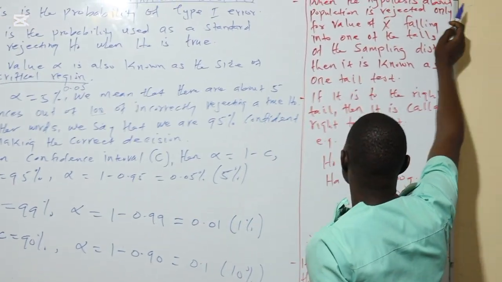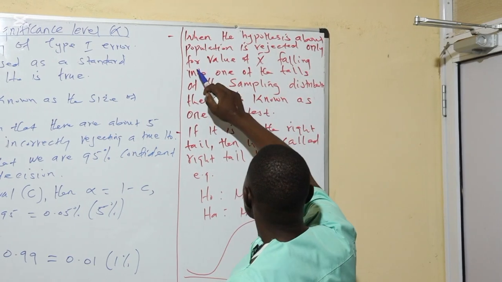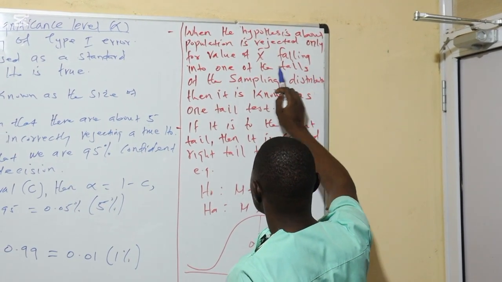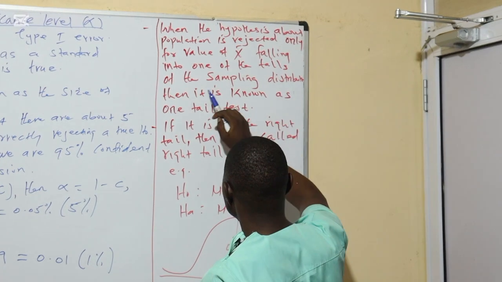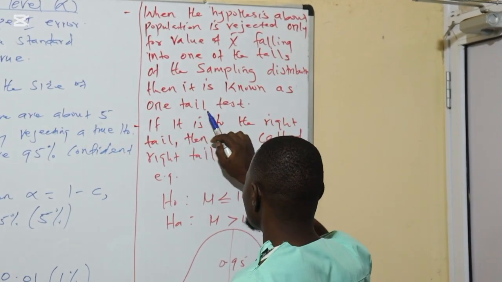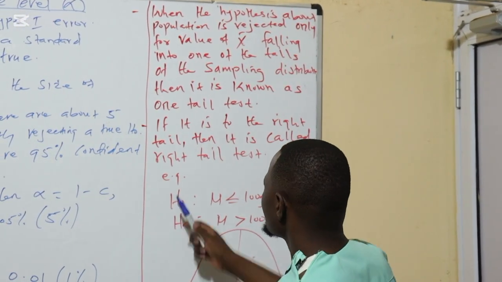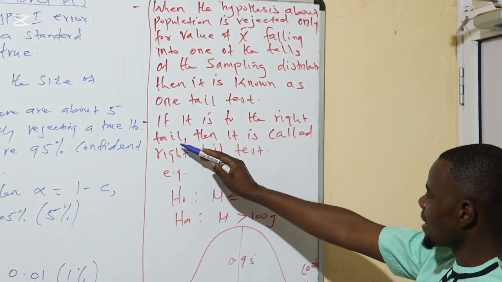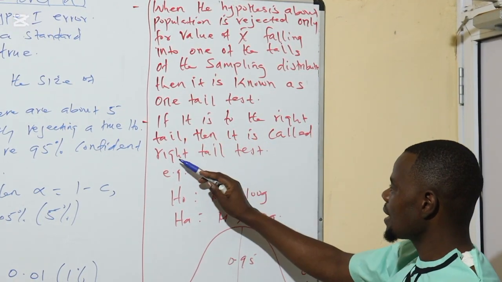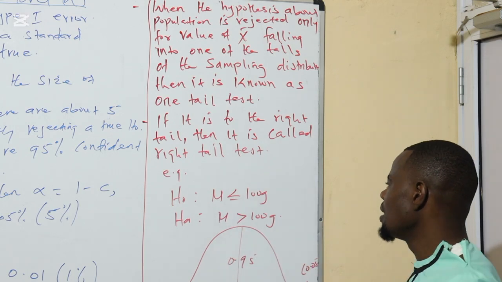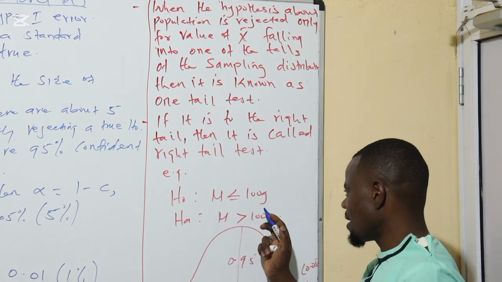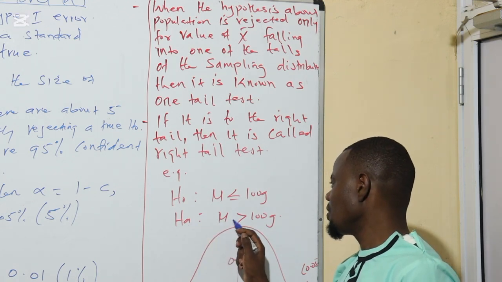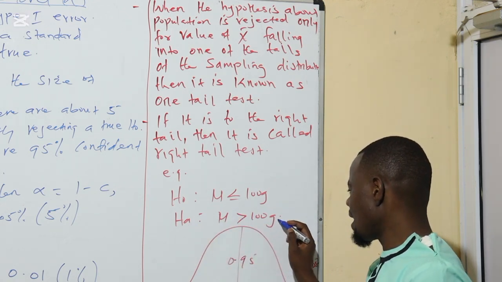When the hypothesis about population is rejected only for the value of X bar falling into one of the tails of the sampling distribution, then it is known as one-tail test. If it is to the right tail, then it is called right-tailed test. E.g., look at this hypothesis where mu is less or equal to 100, then HA: mu will be greater than 100.